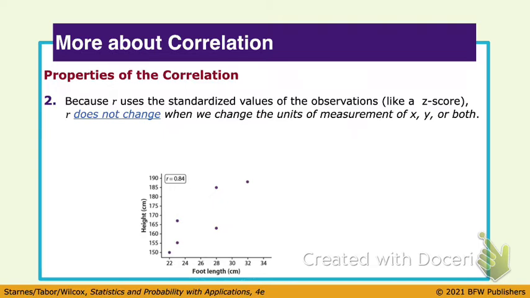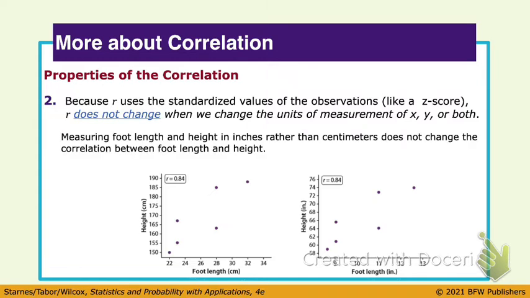If I change that to inches, that's not going to change the distance of the dots to each other, okay? And so they're still going to be correlated to each other. No matter if I'm using centimeters or inches, they're going to be correlated to each other in the same way, all right? So my standardized score doesn't change because their distance from the mean and the standard deviation hasn't changed.